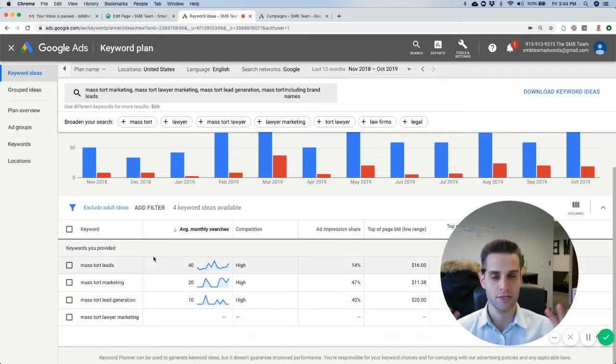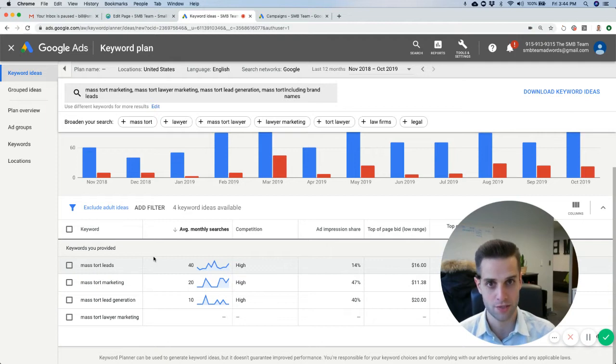So mass tort, just in case you're confused what mass tort means, it's a specific type of personal injury law where there's group lawsuits of groups of people suing over a defective product, or the company that created a defective product.